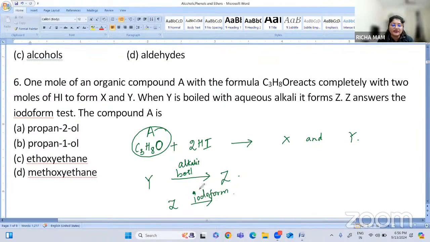Now here, if A reacts with HI, if I take an ether, one will be a methyl group, then we are left with C2 and H5. So 3 carbons, 8 hydrogens. If it is an ether, this is methoxyethane.